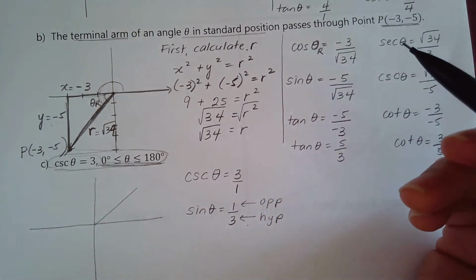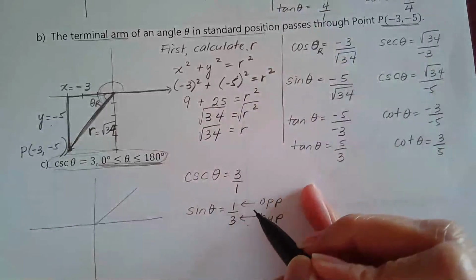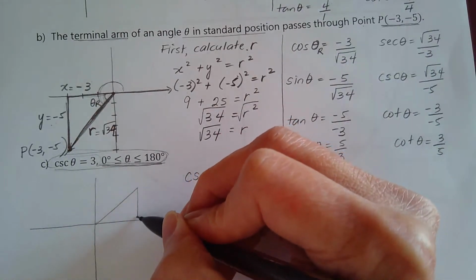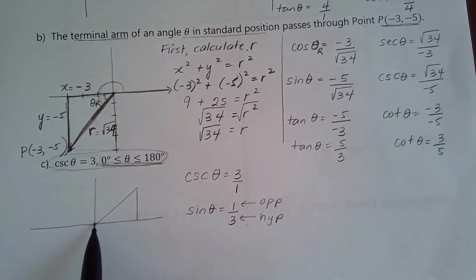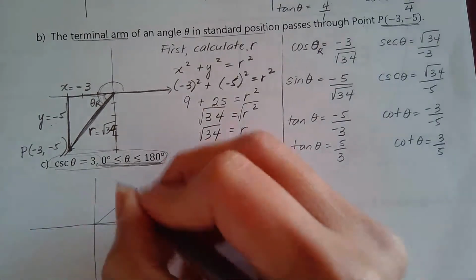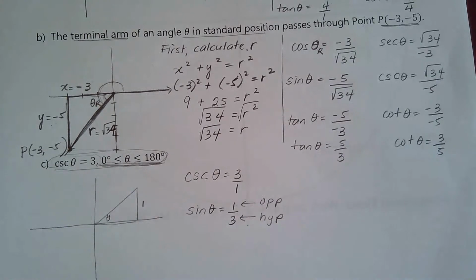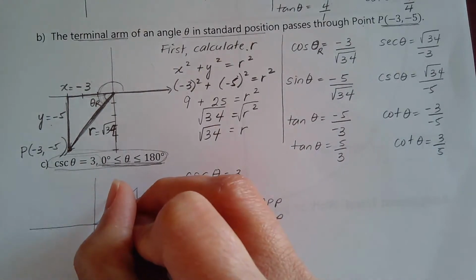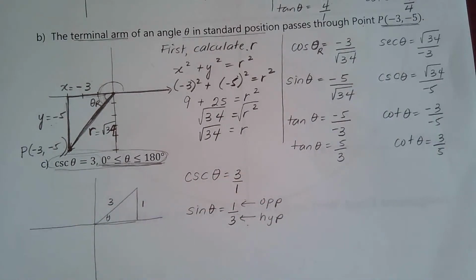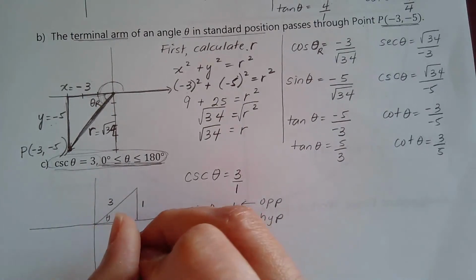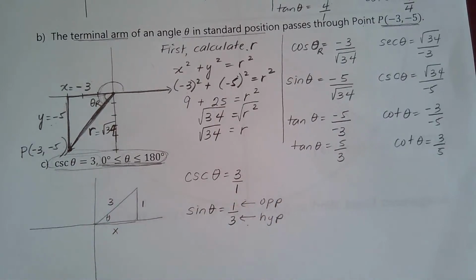We're just going to draw it out because we don't know exactly where it is. Opposite is 1. So if this is theta, opposite is 1 here. And then hypotenuse is 3. So we know y is 1. We know hypotenuse is 3. We are in this case looking for x.